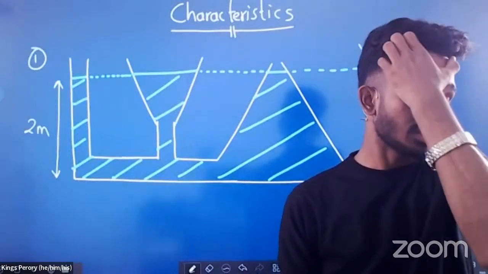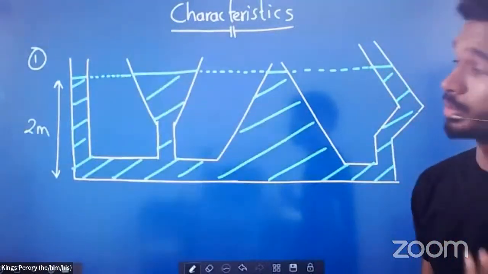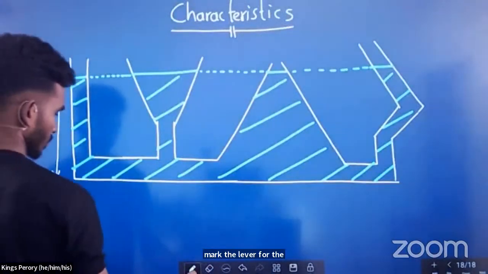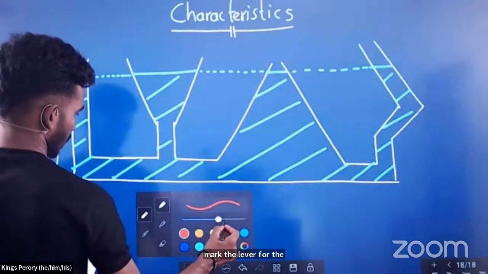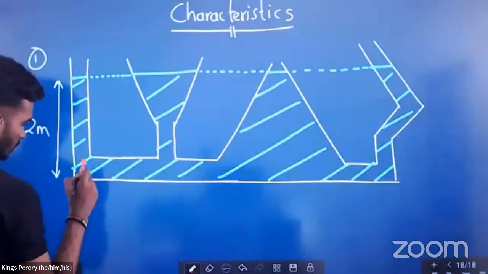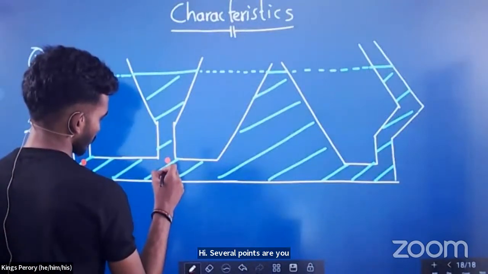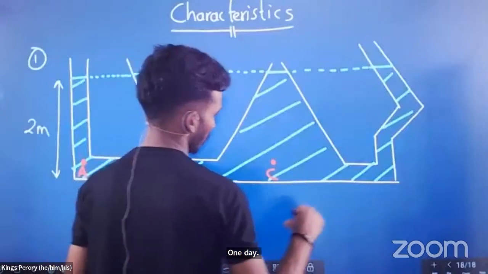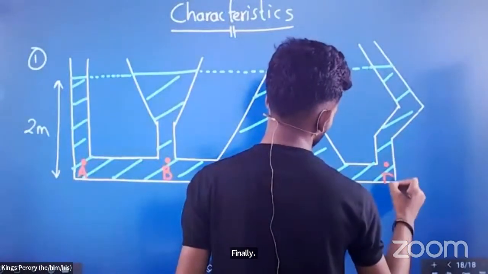Mark the level for the full tube as 2 meters. Alright, several points are given. Point A, point B, point C, point D.